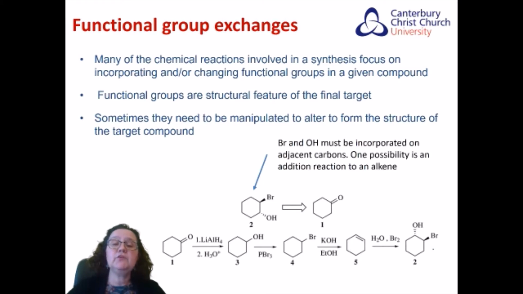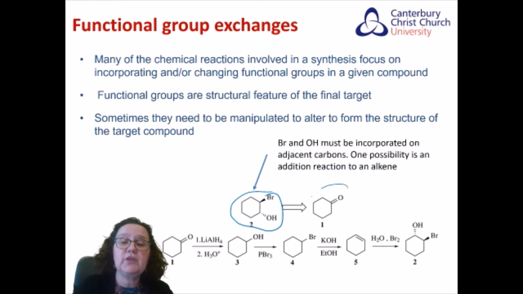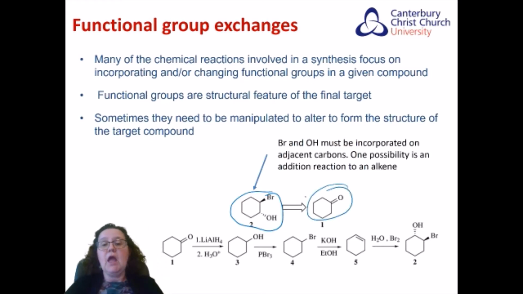For example, how could we synthesize this compound in which you have a bromine atom and a hydroxyl group on 2 adjacent carbons, starting from cyclohexanone? Well, a typical way of introducing 2 groups into adjacent carbons is an addition to an alkene group.